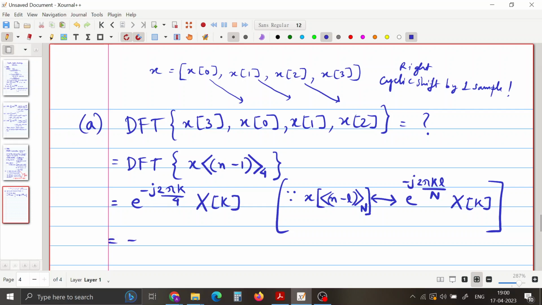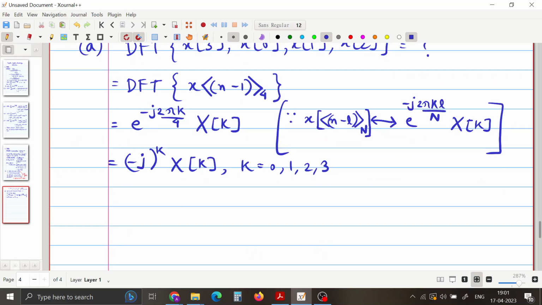It is raised to the power k, so minus j to the power k times cap X of k, and remember k runs from 0 to cap N minus 1, here 0 to 3. This is the DFT. Now all you need to do is put the values of k from 0 to 3 and find these DFT coefficients. So let's do that.